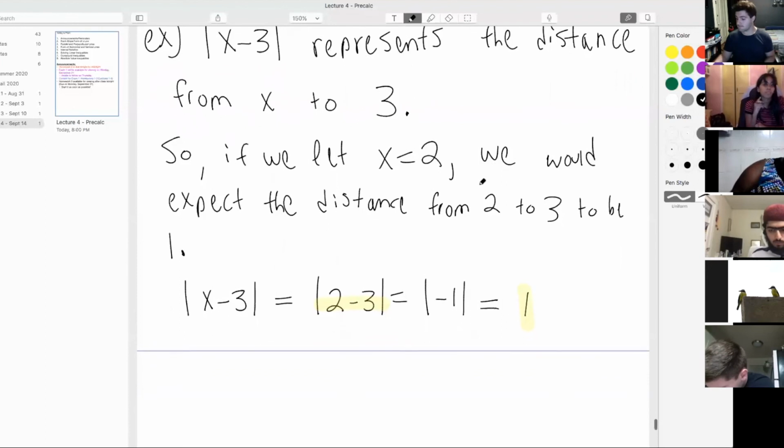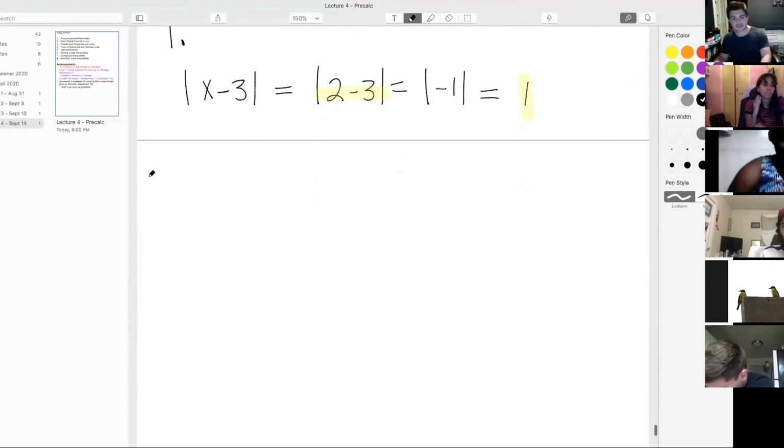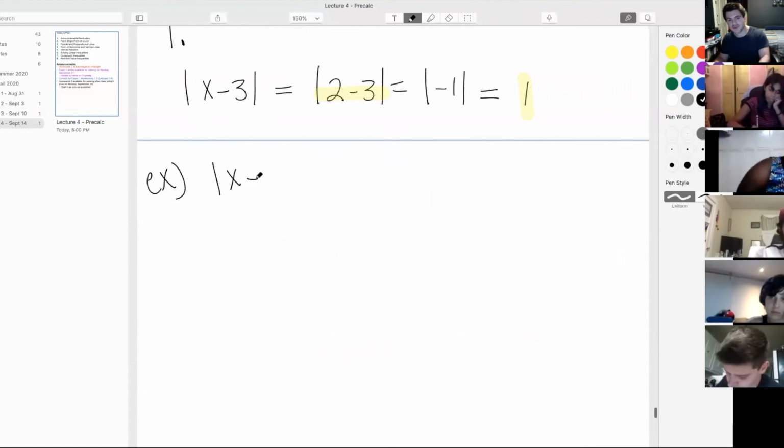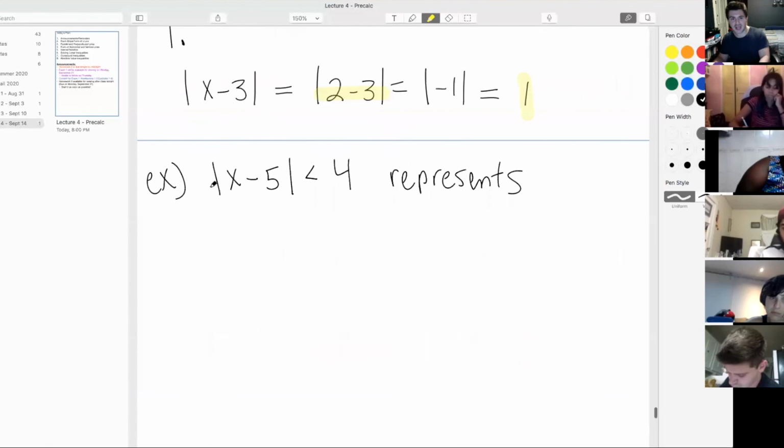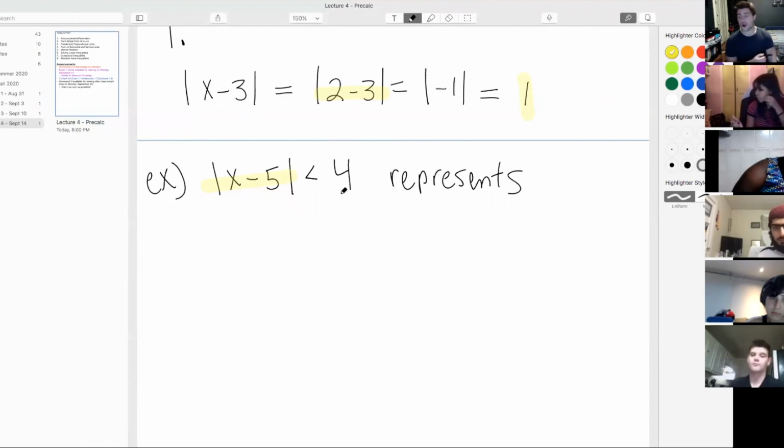Okay. All right, so now let's take an inequality here. So how about this? The absolute value of x minus 5 less than 4. What does this represent? Okay, so first of all, the left side represents the distance between x and 5. But the less than 4 means we're looking at all numbers that are less than a distance of 4 from the number 5, okay?